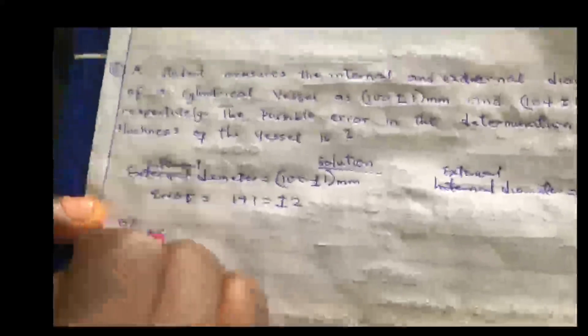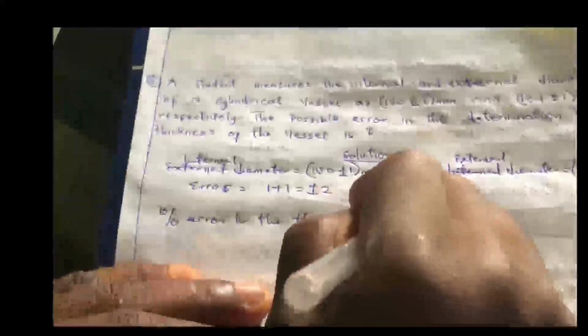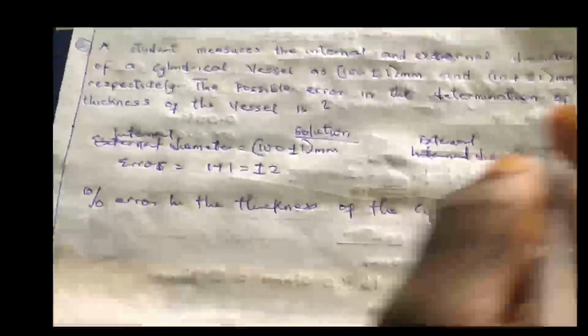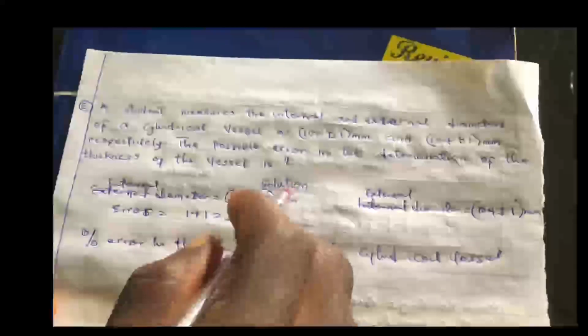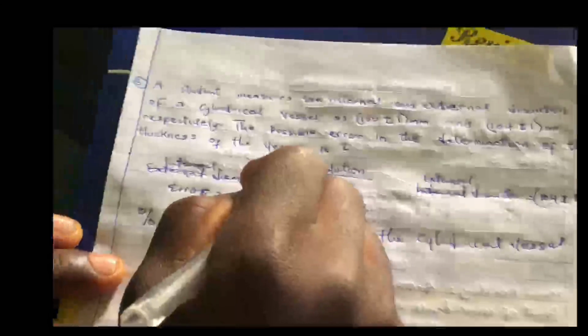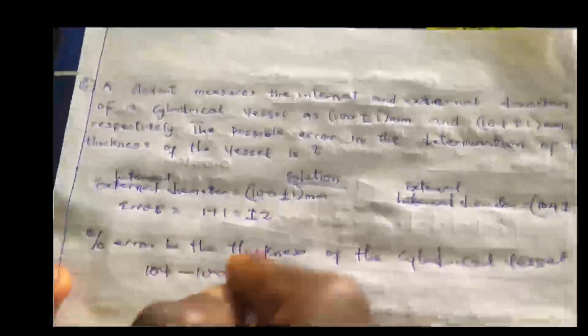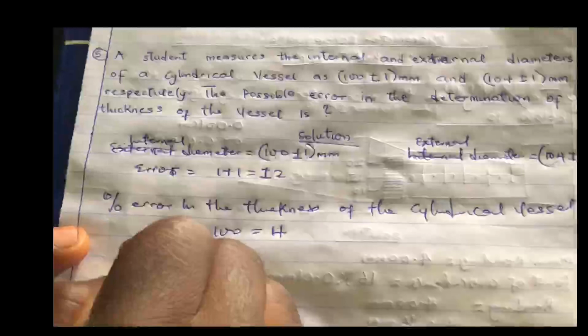That's the answer. But you may have a question that tells you to find the percentage error in the thickness of the cylindrical vessel. How do we find that percentage error? You take 104 minus 100, which is 4, and already we have the error as 2.